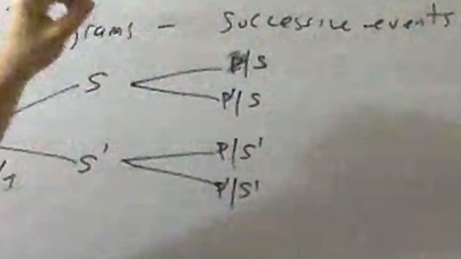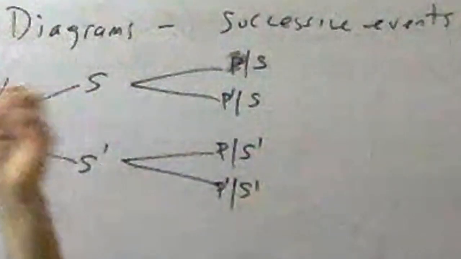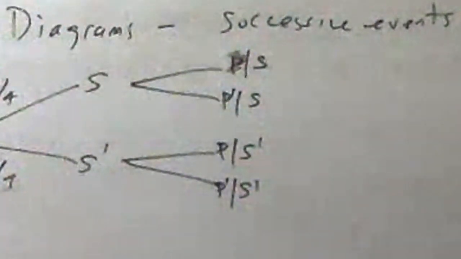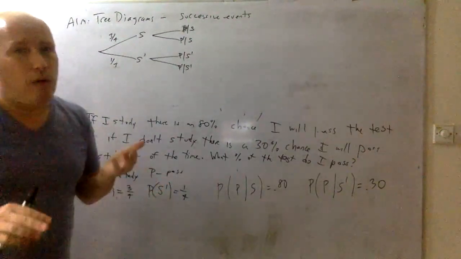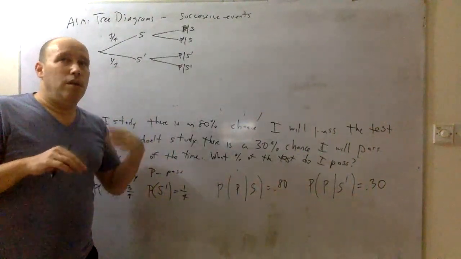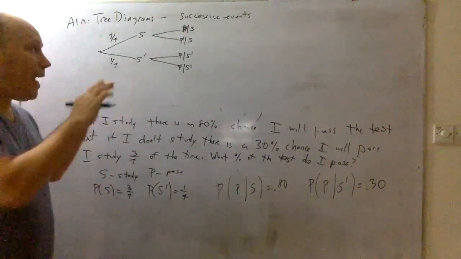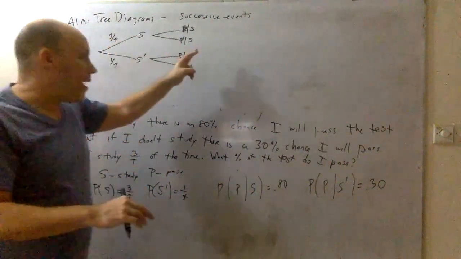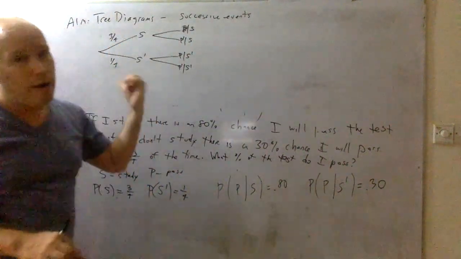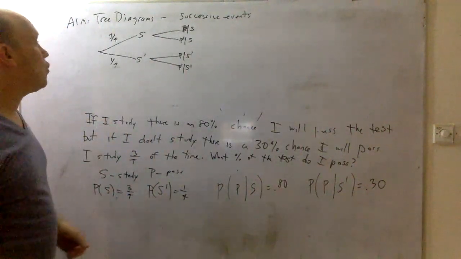Now, this is different because your passing depends on a previous event. In my last problem, it didn't matter if I took a bike or I walked. There's still the same probability. But in this case, the second event depends on the first event.